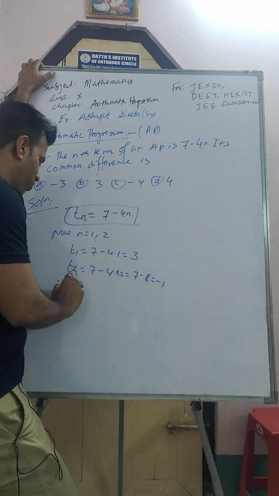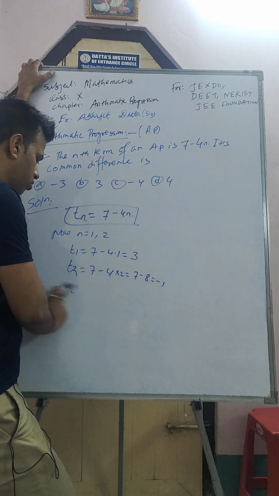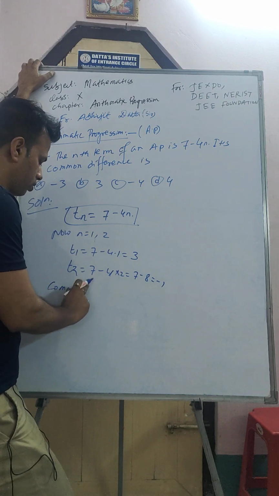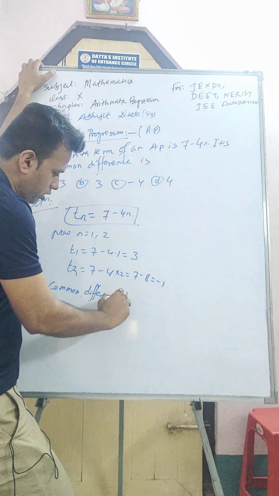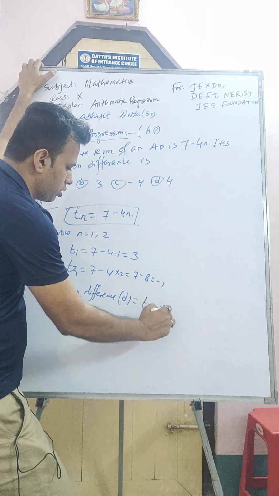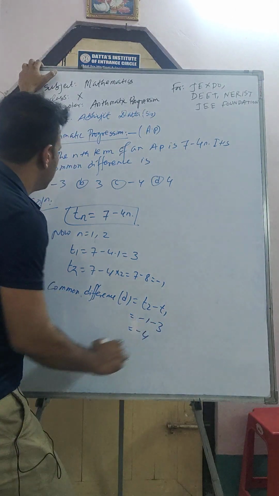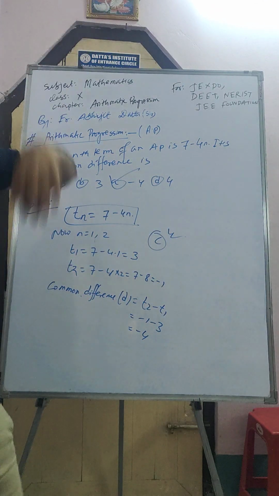So the common difference D will be T2 minus T1, that is minus 1 minus 3, which is minus 4. Option C is the correct answer.